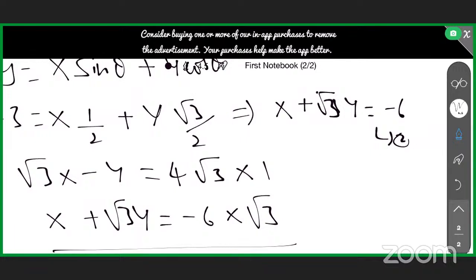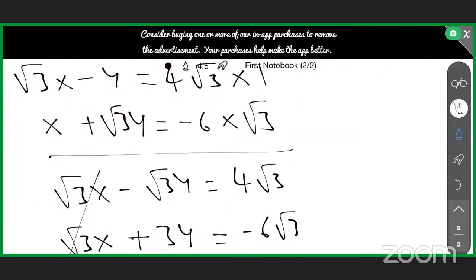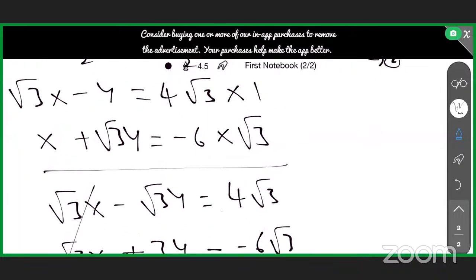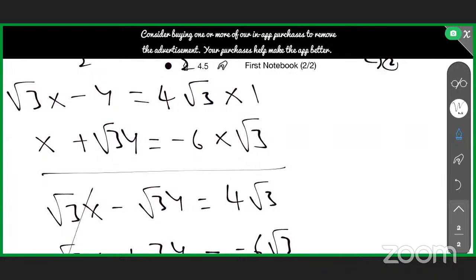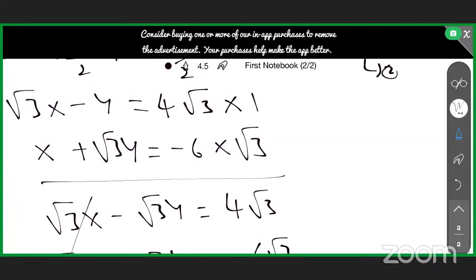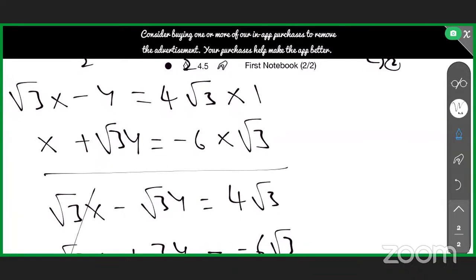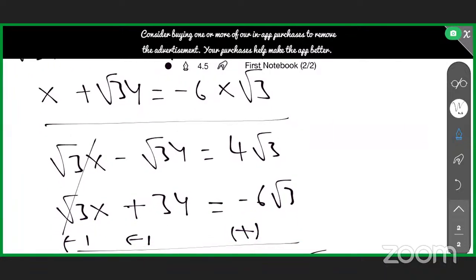Where? You multiplied by 1 on the first equation, then it will be root 3x minus y.